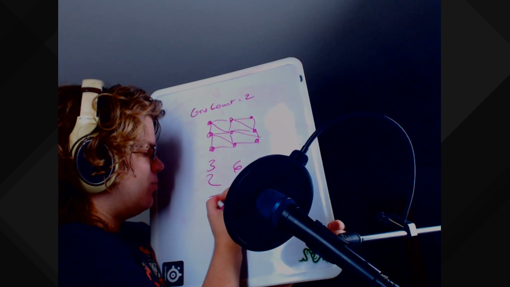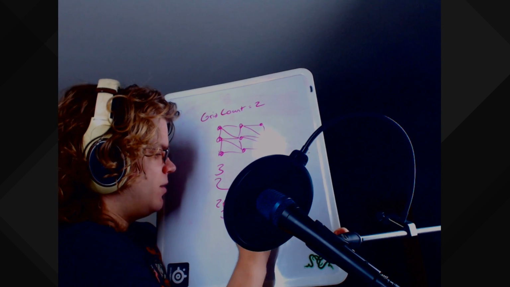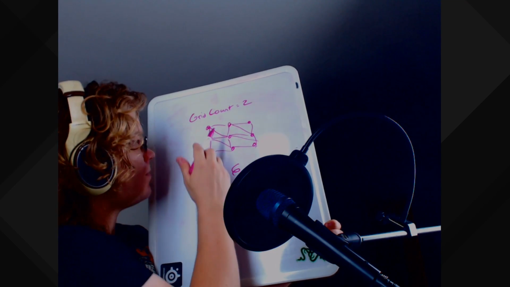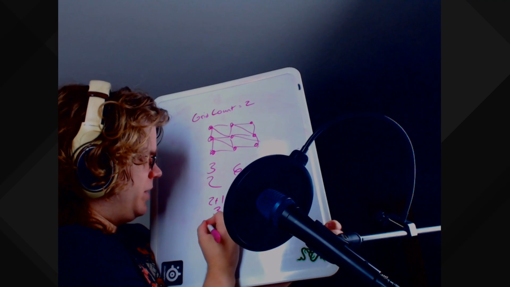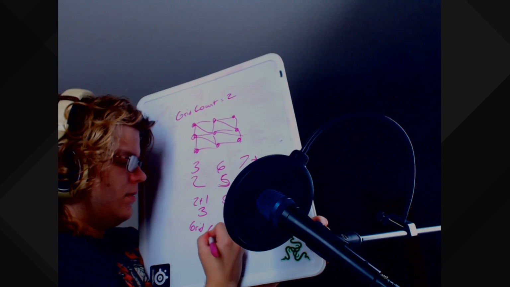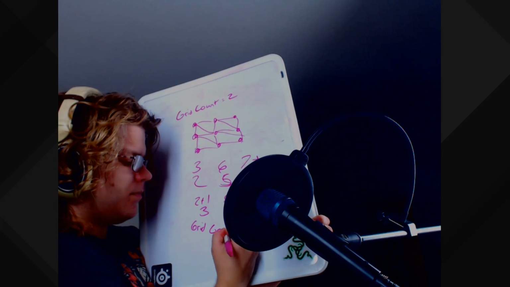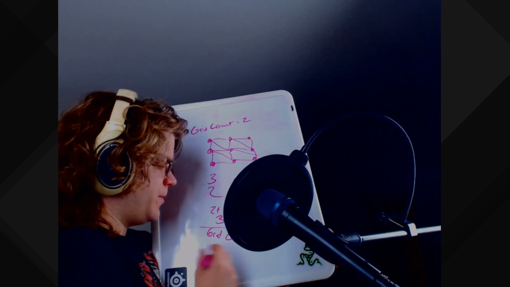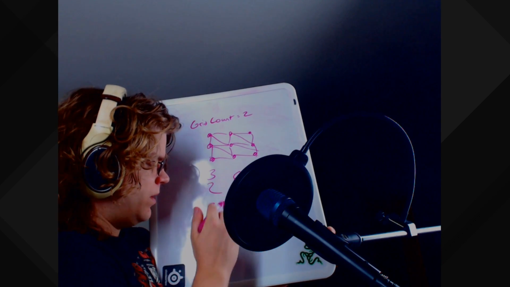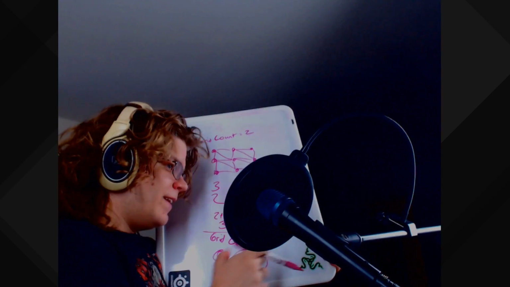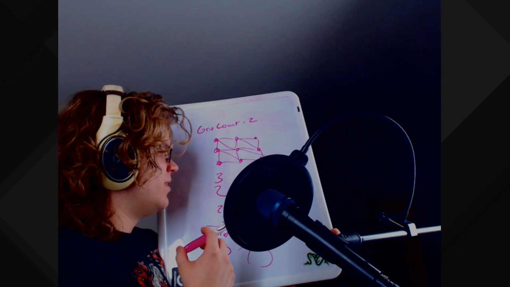So 2 plus 1 is 3. 5 plus 1 is 6. And then we need to do our grid count plus 1 as well. If we take the mod of those, this will equal 0, that will equal 0. That should work, right?